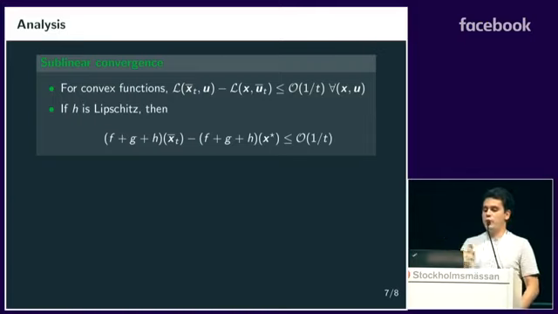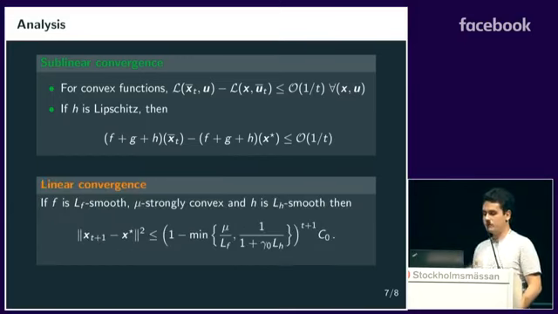If on top of that we assume that one of the proximal terms is Lipschitz, so I can no longer blow up to infinity, then we also have sublinear convergence on the objective values. And under additional assumptions, like strong convexity of the smooth term and smoothness of one of the proximal terms, we can also get linear convergence.